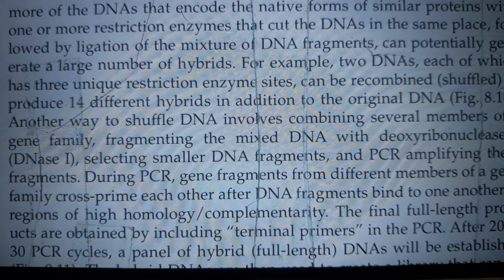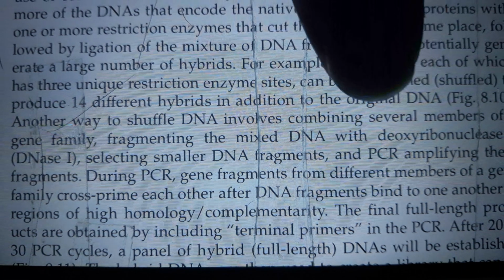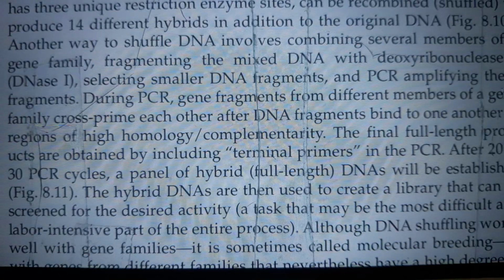Another way to shuffle DNA involves combining several members of a gene family, fragmenting the mixed DNA with deoxyribonuclease 1 (DNase I), selecting smaller DNA fragments and PCR amplifying these fragments.